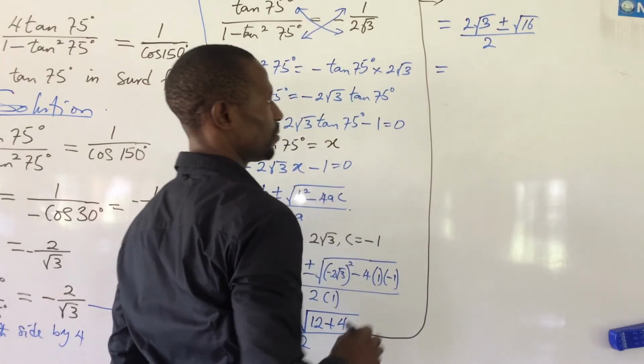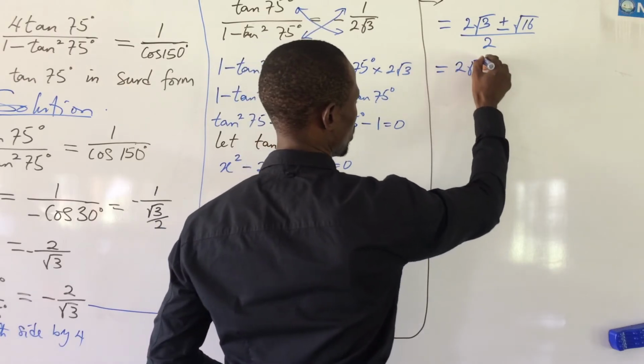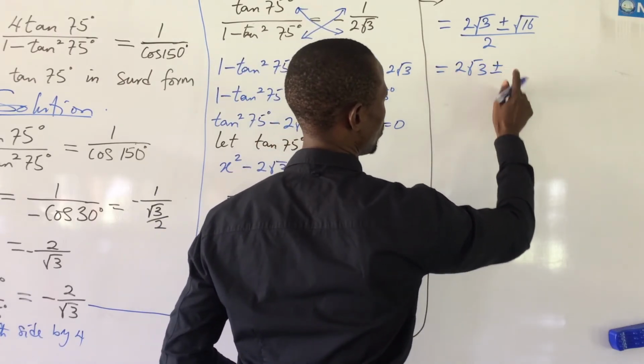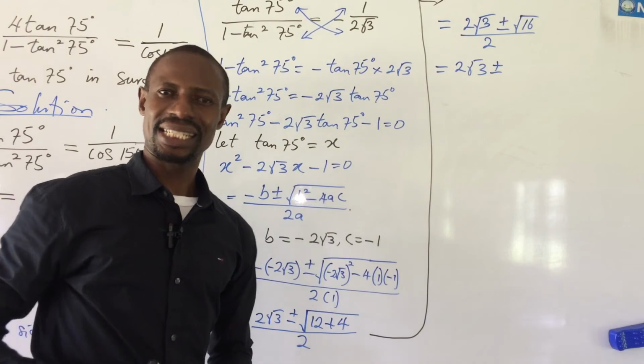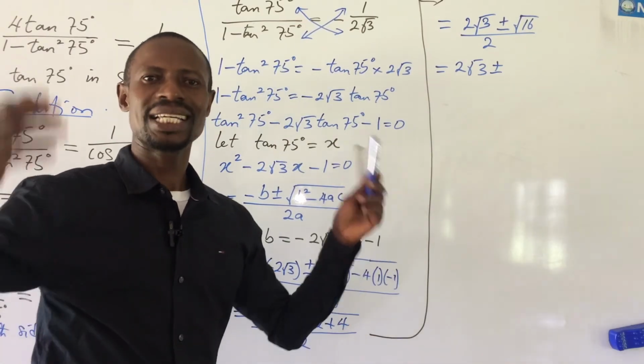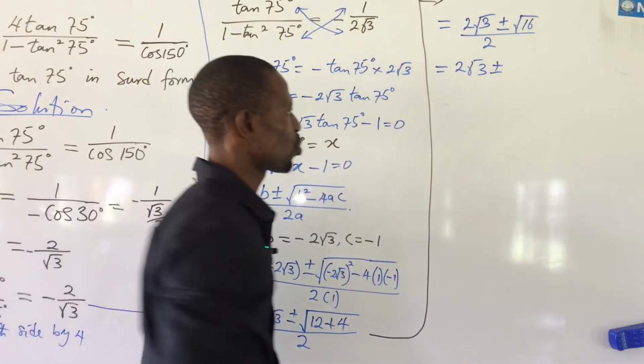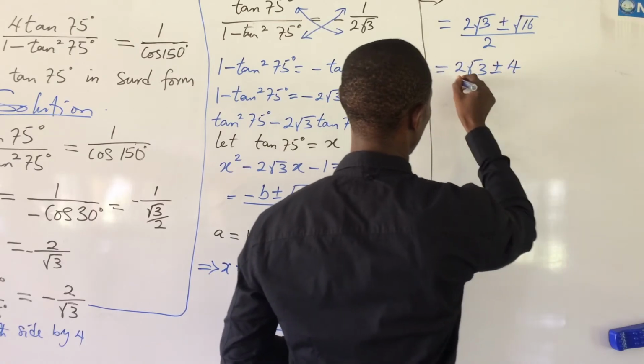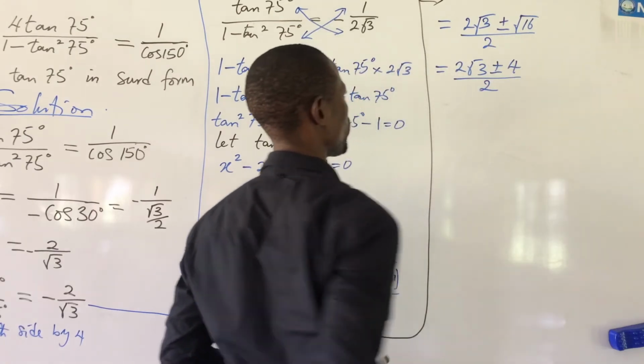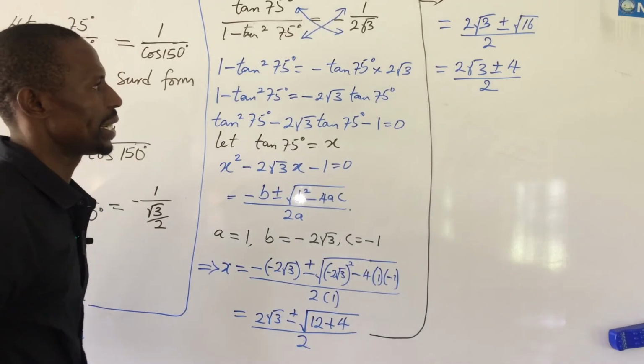Then let's write it down again: 2 root 3 plus or minus root 16, which is 4, because 16 is a perfect square. So here we put 4 all over 2.